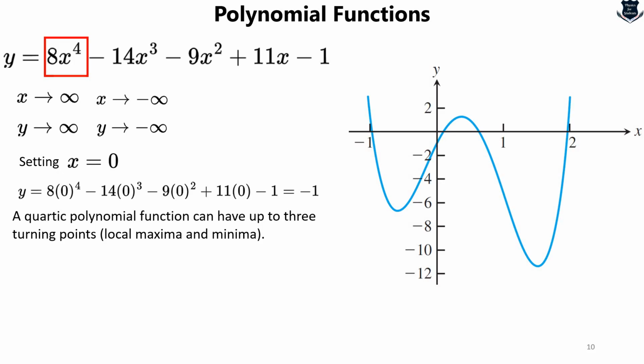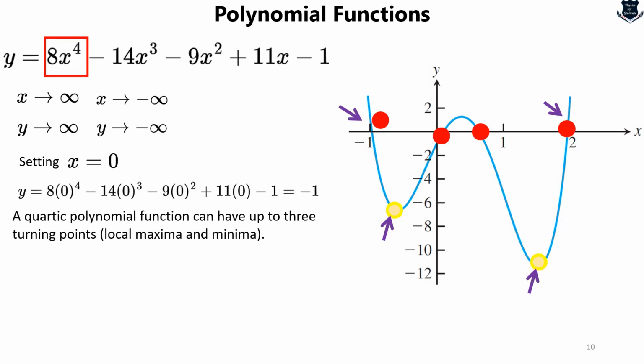So a quartic polynomial function can have up to 3 turning points, local maxima and minima. Here you can see this is a minima, and it is intercepting at -1. This is at almost between 0 and 1. And this is again a minima, and this is at point number 2.